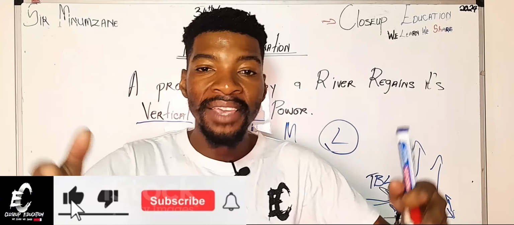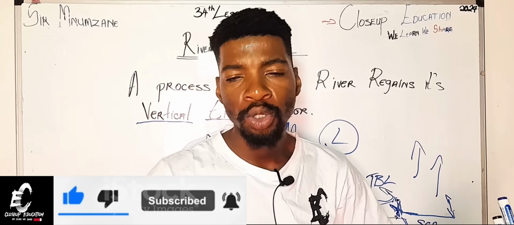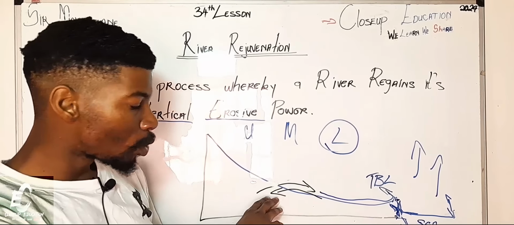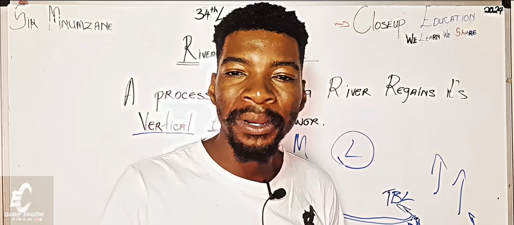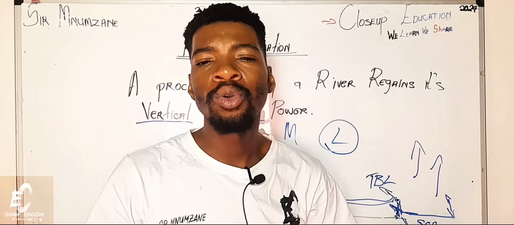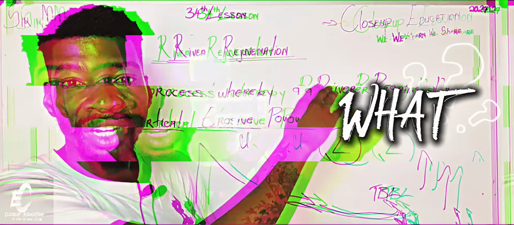But for your own safety, and to really understand geography, you might want to research more about how this occurs. And also the isostatic uplift. They will never ask you about the tectonic plates shifting and earthquakes. They will just say, what can cause river rejuvenation?